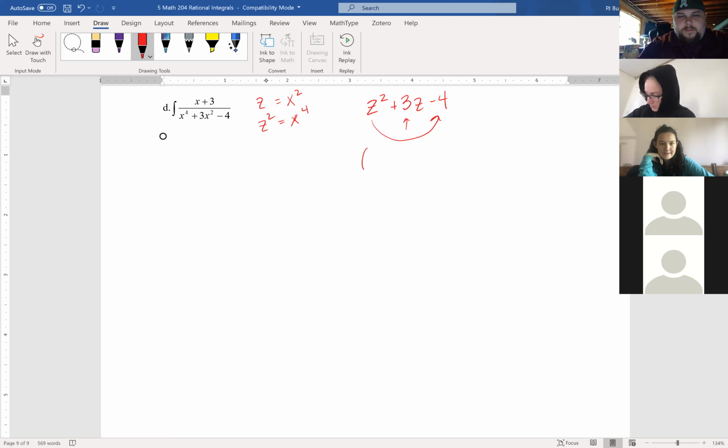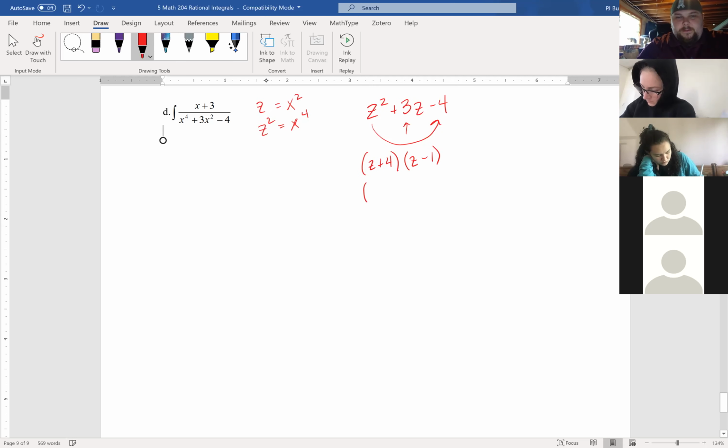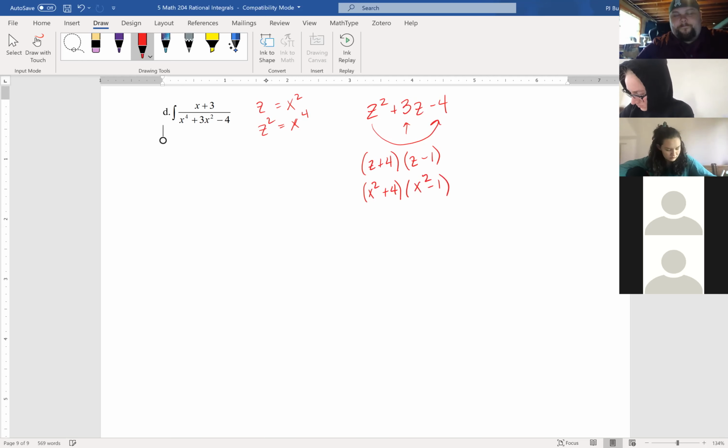Okay. So this is z plus 4, z minus 1, right? Then, of course, we're not dealing with z, we're dealing with x, so let's replace it now. So this is x squared plus 4, x squared minus 1.